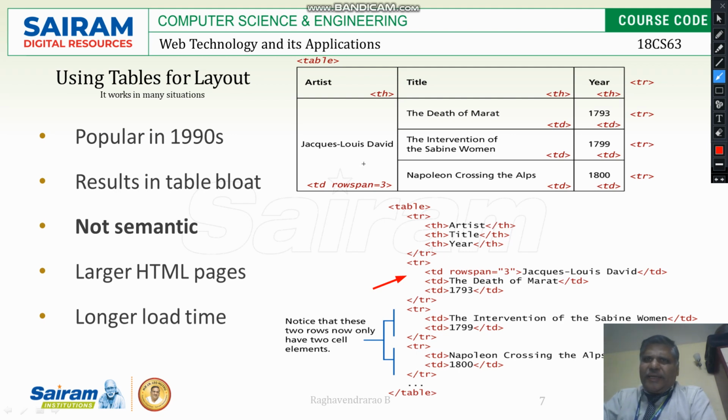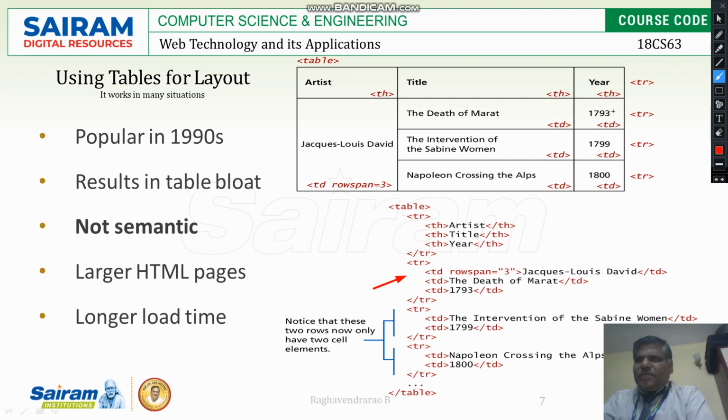Next, when the first row starts, in that we are writing the first td. Rowspan 3 is there. After this, from the second column onwards you will get 3 rows. For this, 3 rows are created here.